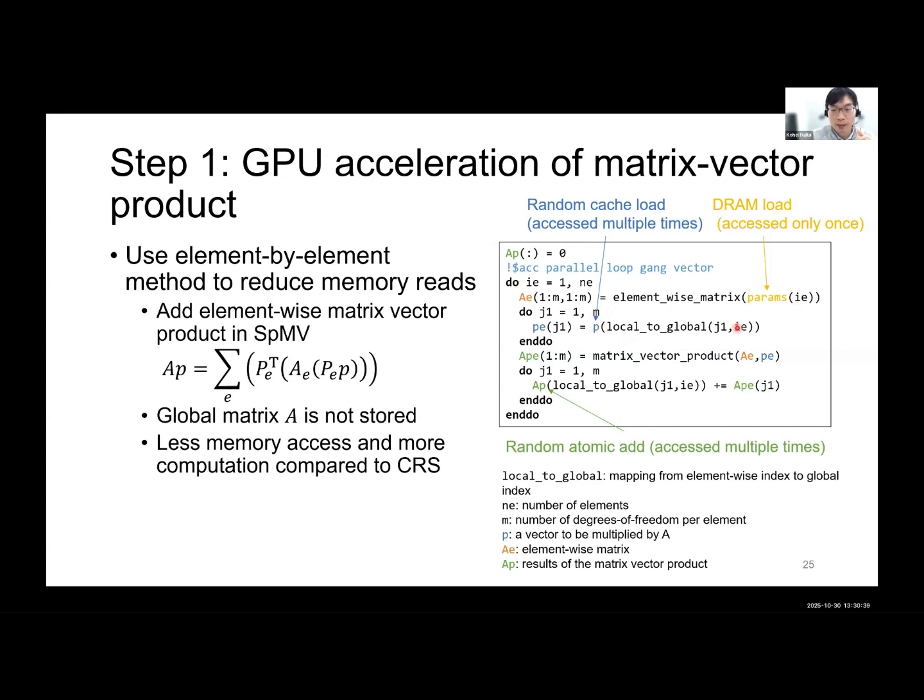So this is a mapping, getting a part of the global matrix, which becomes a random cache load. And then we do the local matrix vector product. And then we add this into the global left-hand side vector. So this becomes a random atomic add to the global vector.